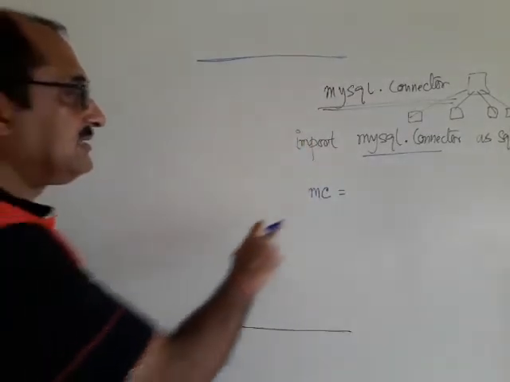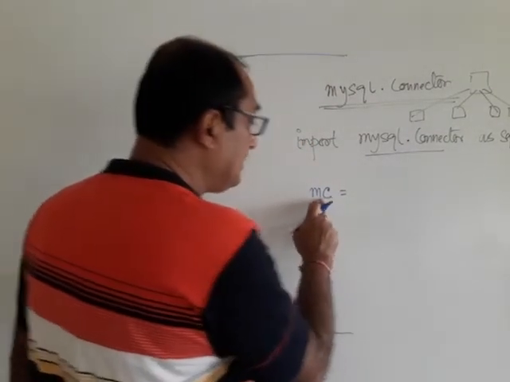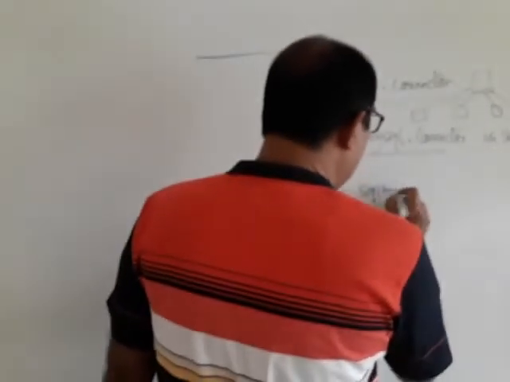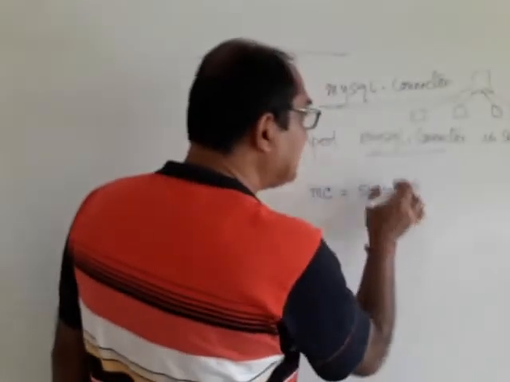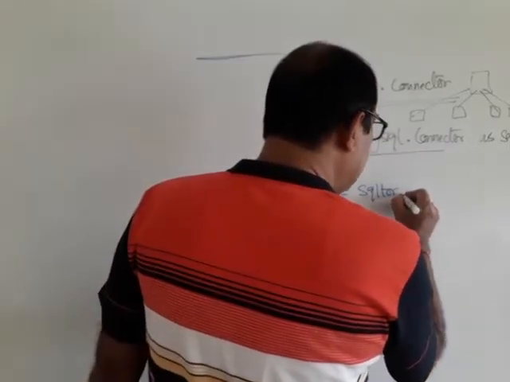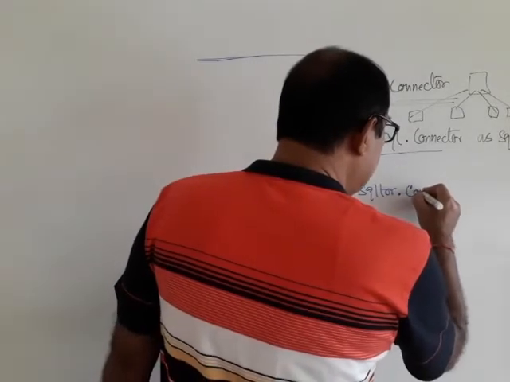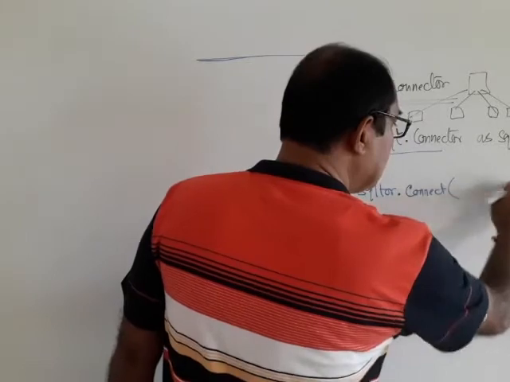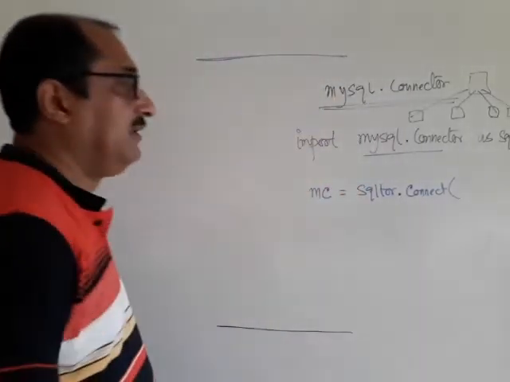This is called the connection object. This will be SQLPOR, or if you want, you can write the full name MySQL.connector. This has a function called connect. There is no space here, so I am writing the line below.